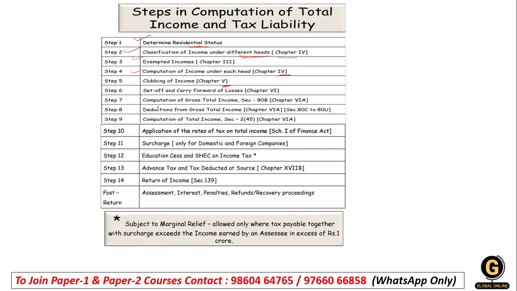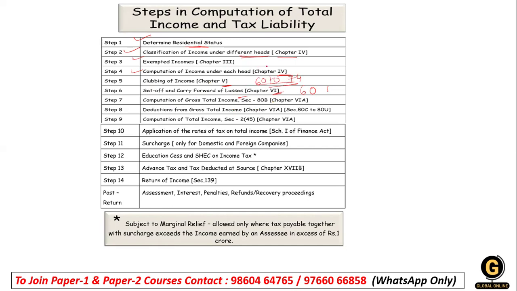Okay, so this chapter is also important. Now after that, we set off or carry forward our losses, which is given in section 60 to 74, that is for the clubbing of the income.